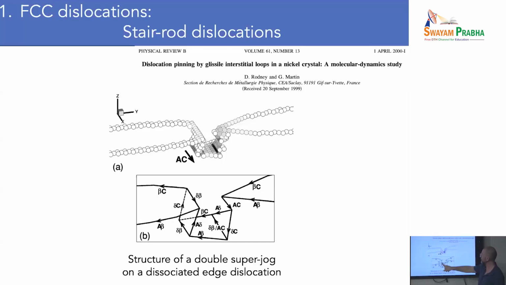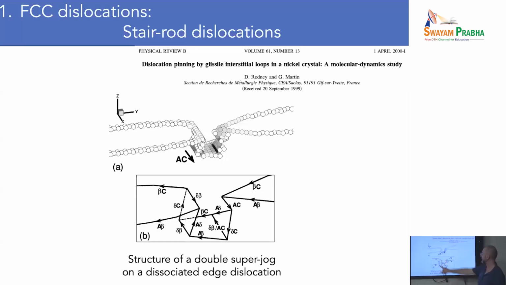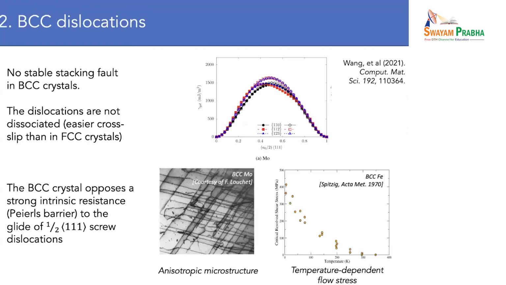On the other side you form a Lomer-Cottrell, so on this side it is extended because this is of low energy. Then you have another Lomer-Cottrell here, and another large Burgers vector stair rod at the bottom, and then you have stacking faults everywhere. So there is a lot of game to play with these partial dislocations.